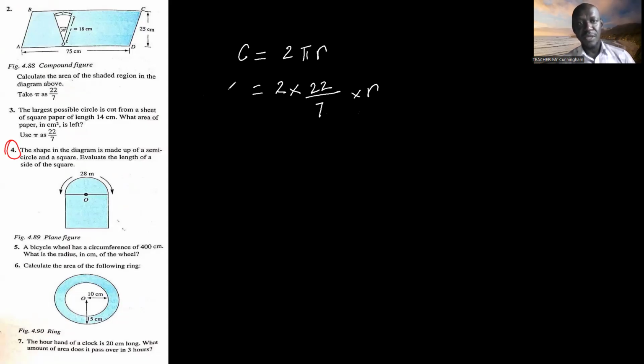But this is a semicircle. How much is a semicircle? Is it a quarter of a circle, 1/10 of a circle, or what? A semicircle, Udia, is how much?